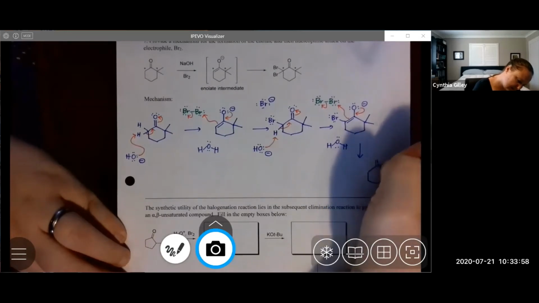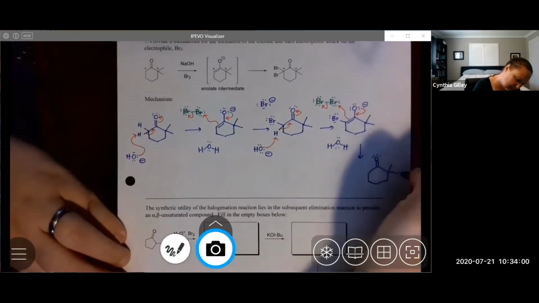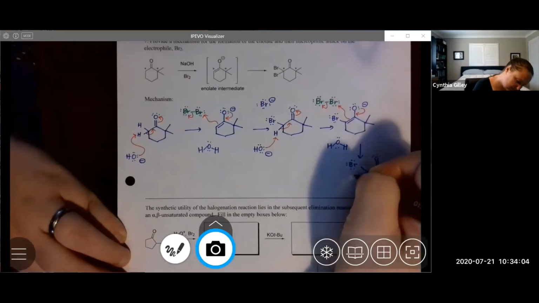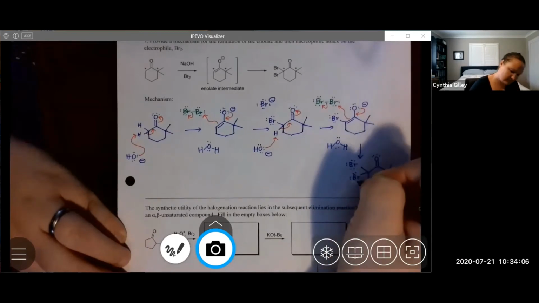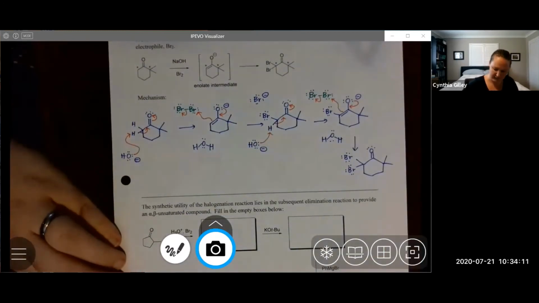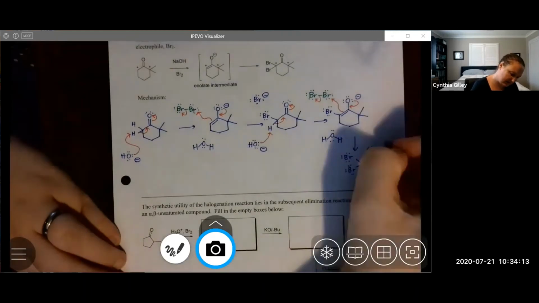And after this, we don't have any more alpha protons that can be deprotonated. So we stop there. Okay, and we form some bromide as well in that step.